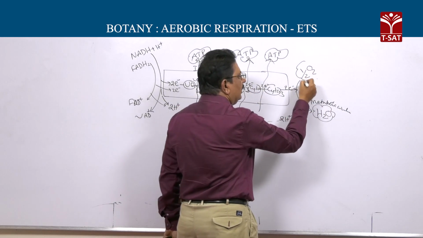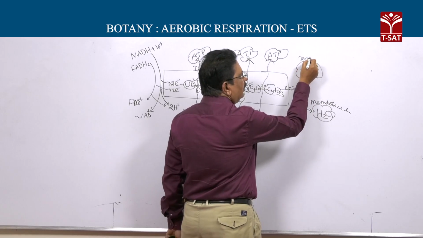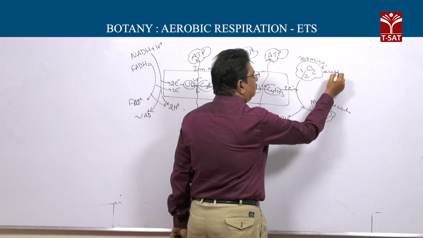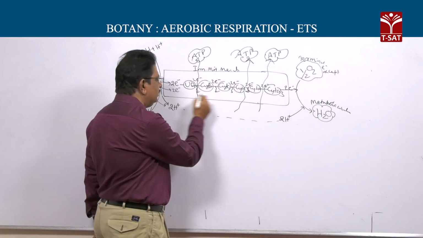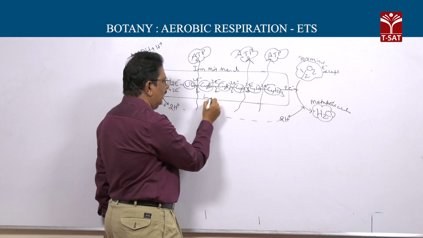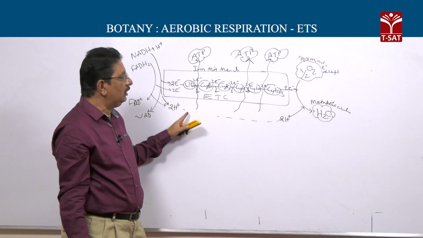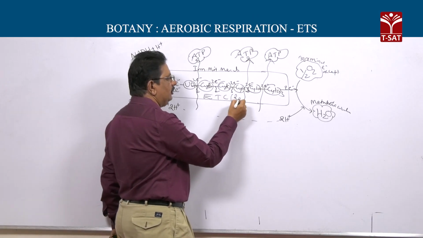So, the oxygen atom is a terminal electron acceptor, and this is a chain of electron carriers, the electron transport chain, otherwise the respiratory chain.